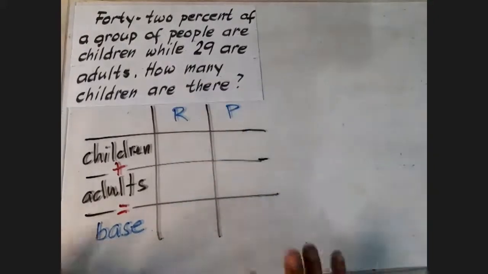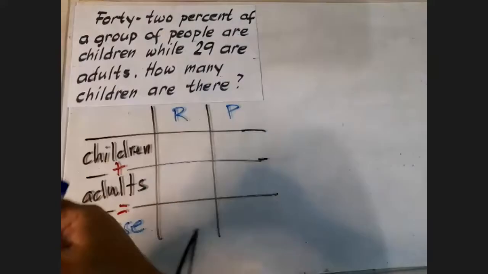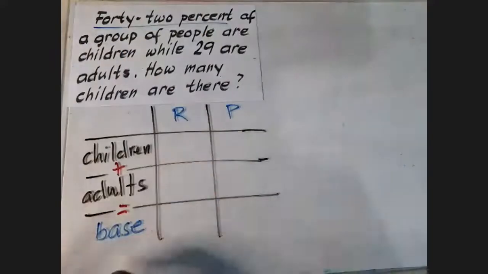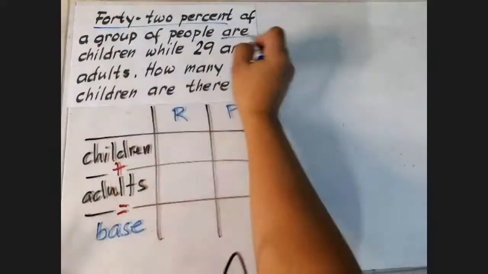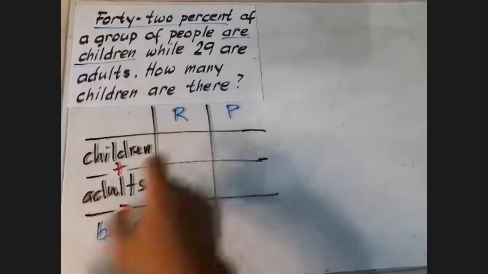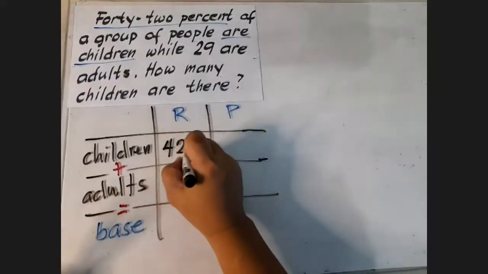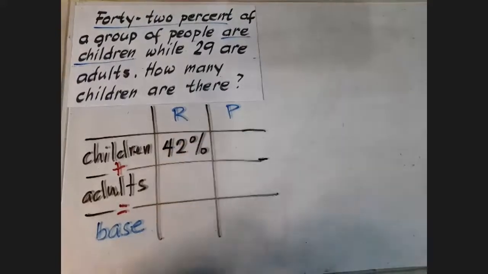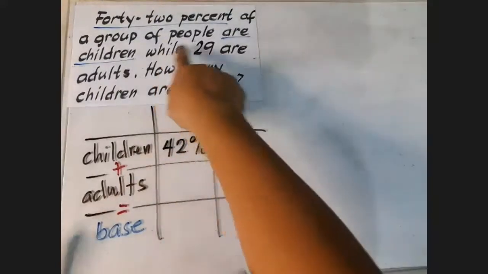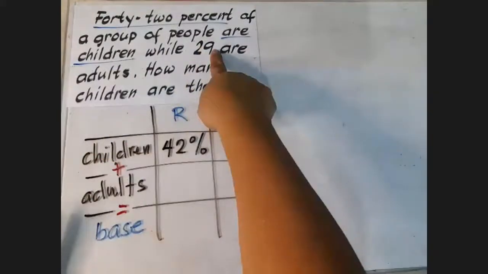Okay, now let's fill in the table with the given data in the problem. 42% of a group of people are children. So sa children, under rate is 42. So this is 42%. Okay, next. While 29 are adults. So wala siyang percent symbol, that means percentage siya.